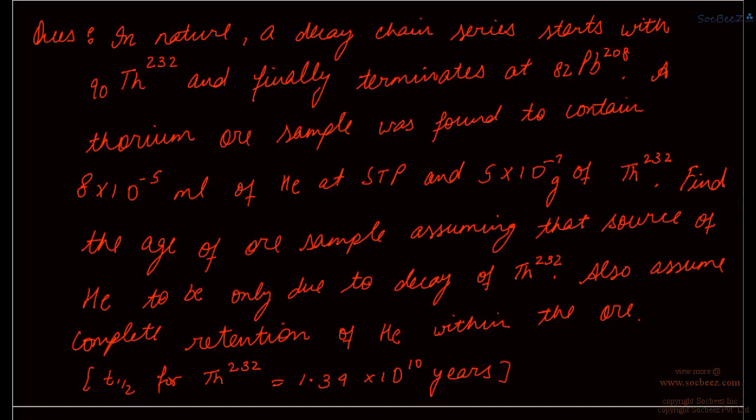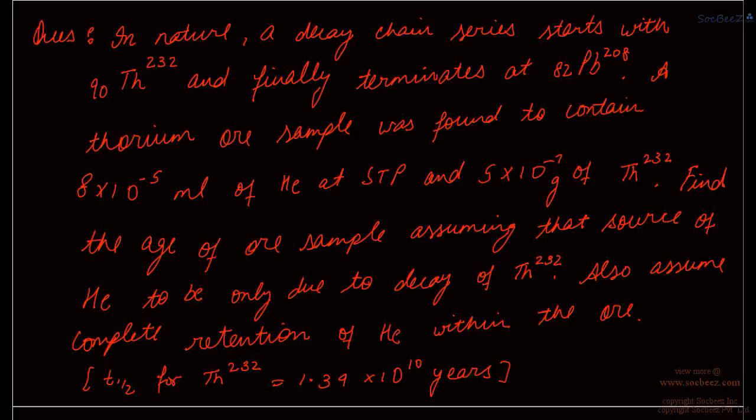Okay, so let's come to another question. This question is based on radioactivity, which we studied just now. The question says that in nature, a decay chain series starts with thorium-232 (90, 232) and finally terminates at lead-208 (82, 208).